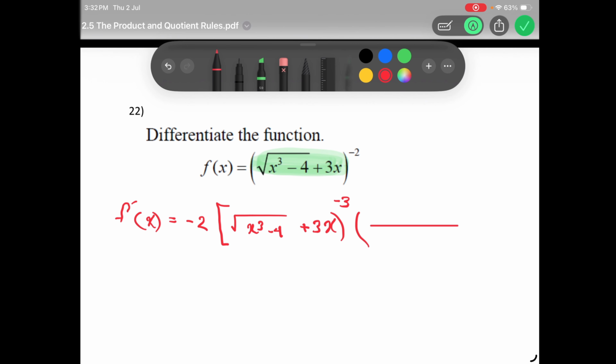The derivative of the radicand, which is 3x squared, over 2 times the same radical of x cubed minus 4 plus 3x. It will be 3. That's it. Okay. I think I have to close this bracket. Okay.